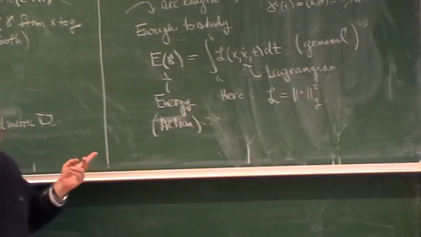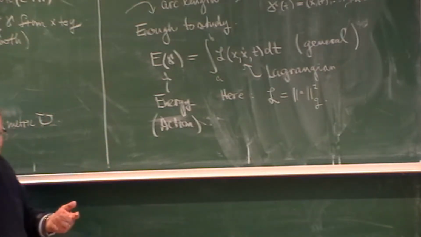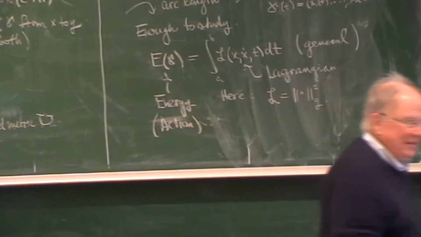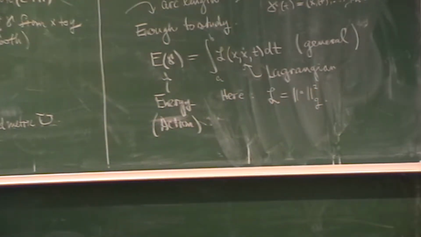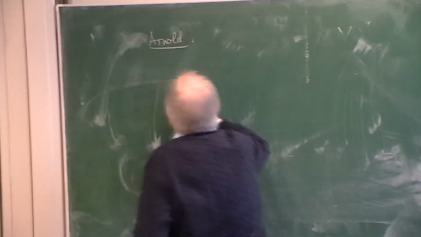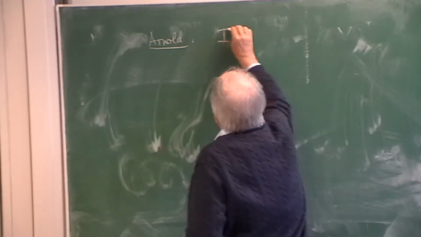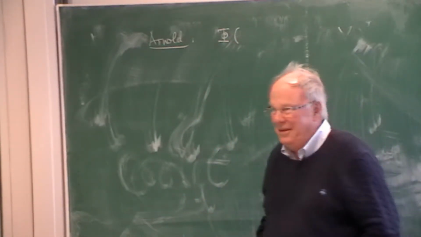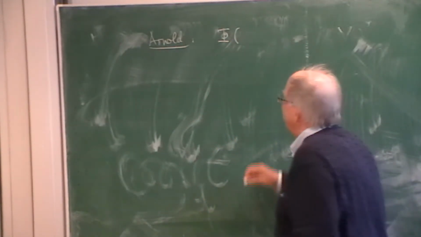By the way, this is very nicely written in Arnold, and I will try to use Arnold's notation, okay? I just looked it up. So I will follow Arnold. And he uses another notation, probably the Moscow version of this thing.